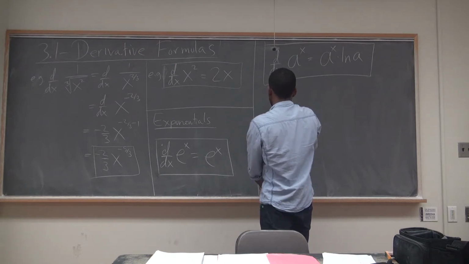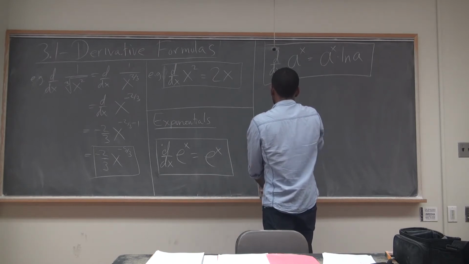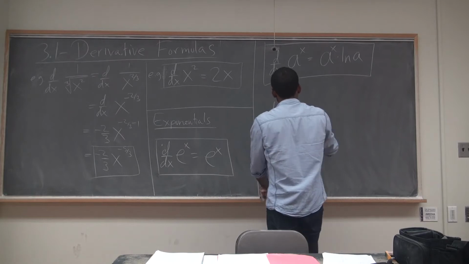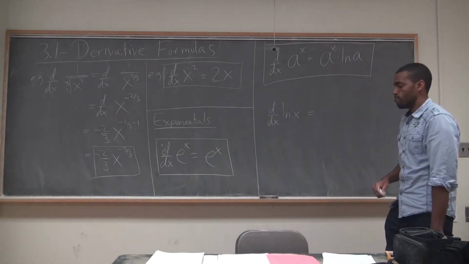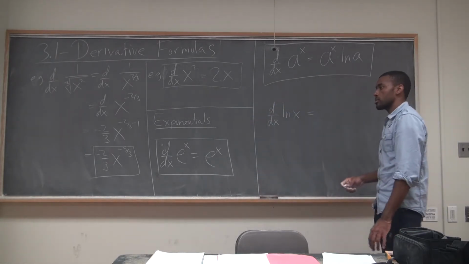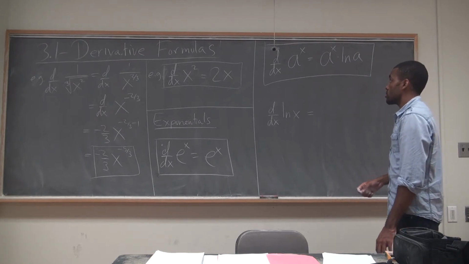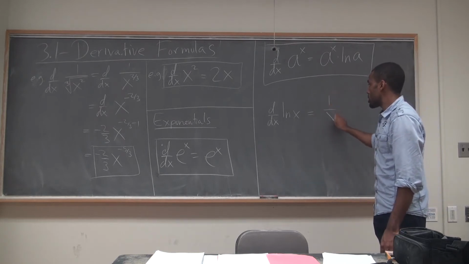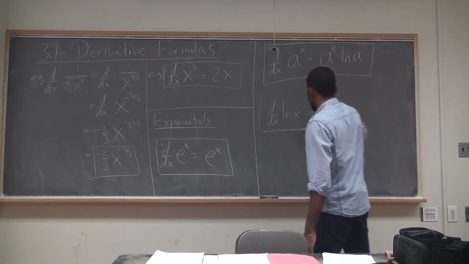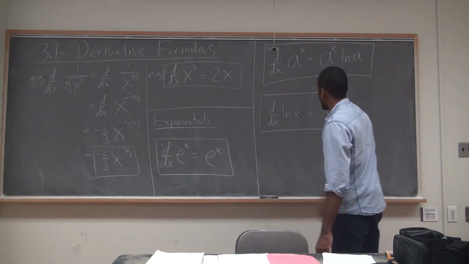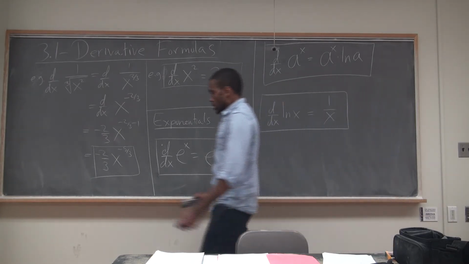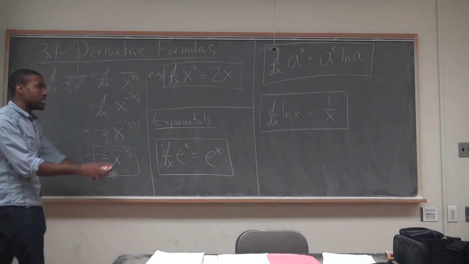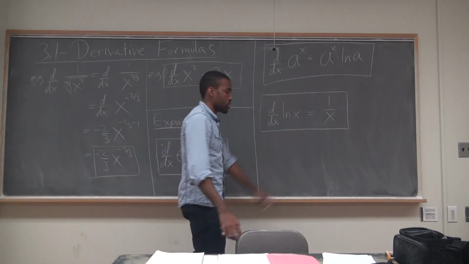We can also find, believe it or not, the derivative of ln x. Does anyone know what that is? The derivative is 1 over x. Your textbook probably has an incomplete discussion of why these things are true.